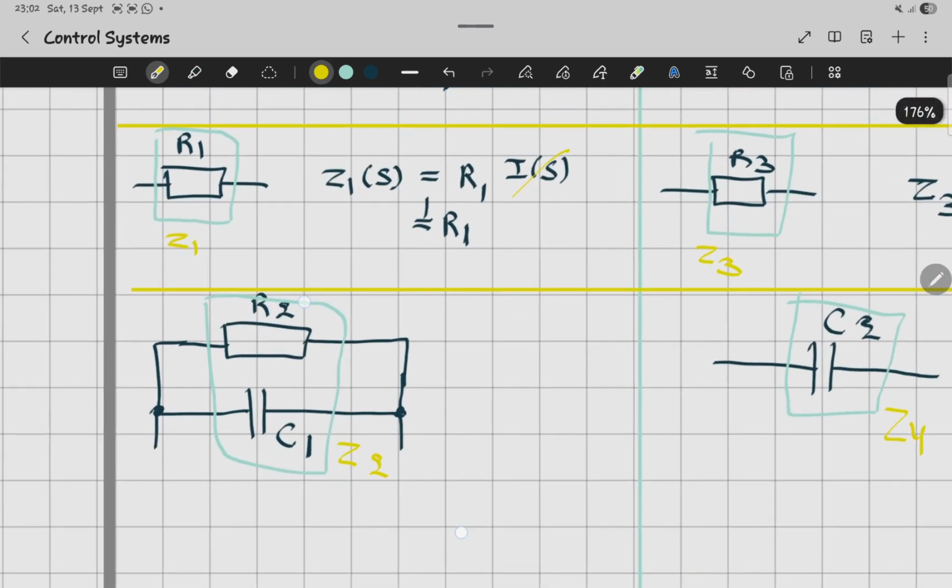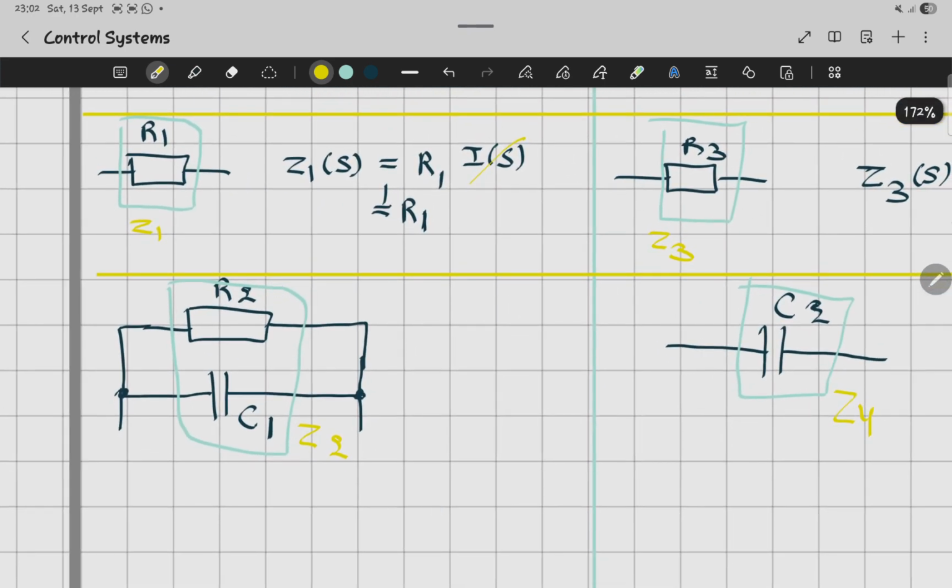We're going to write the equation that we're going to get. So Z2 in terms of s will be equal to R2 in parallel with 1 over C1 s.